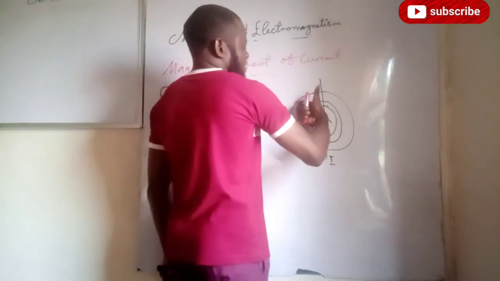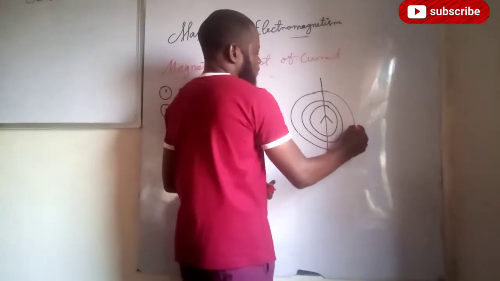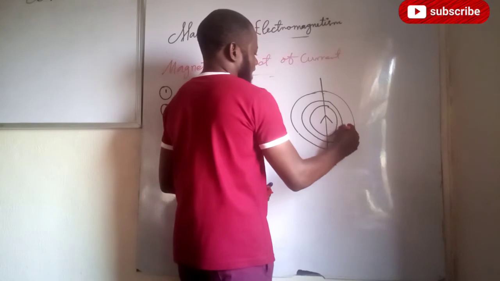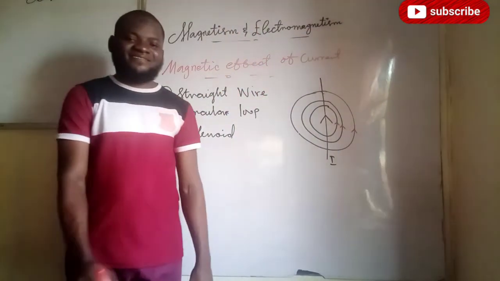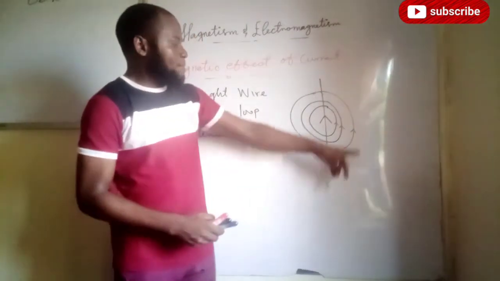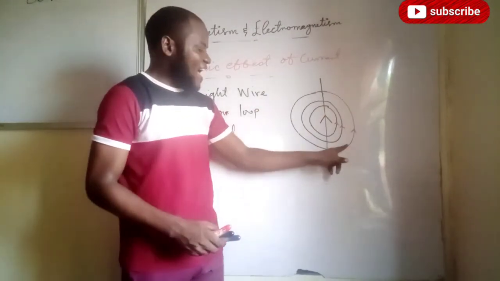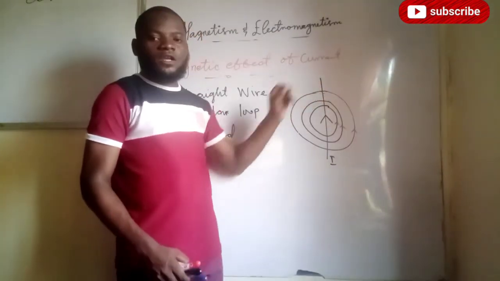Therefore, if this is my hand, you can see it shows that the direction of the field is in this direction now. Cool. Do we understand that? Thank you, guys. So you can see the way I get the direction of the magnetic field now. These are the magnetic field patterns if the current is moving upward.